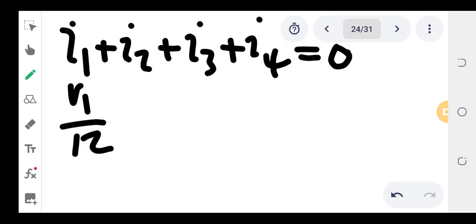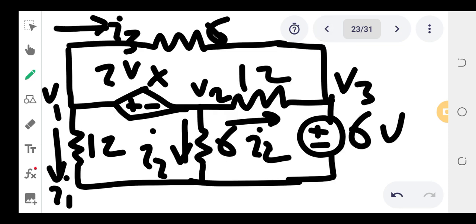So there we go, plus, where there is I2. So what is our I2? Which one is our I2?